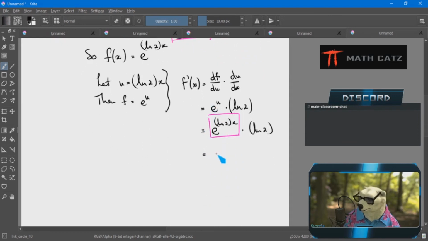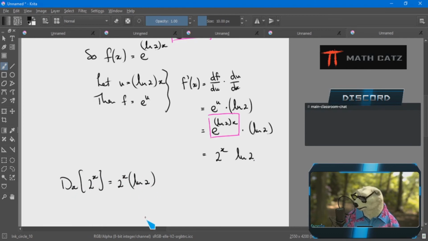And then I have my log 2, of course, right? So, derivative of 2 to the x is 2 to the x, natural log of 2.